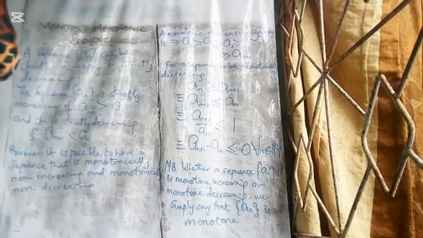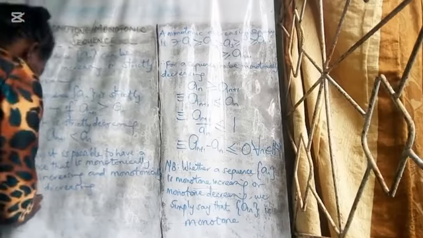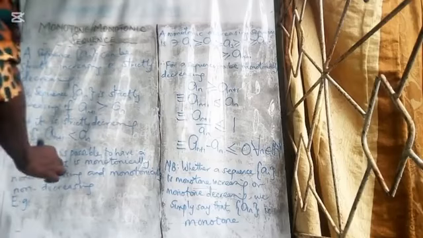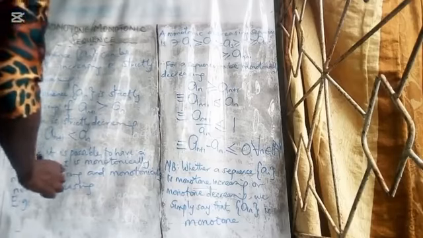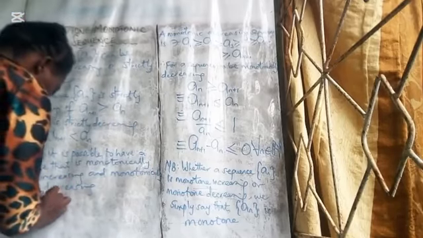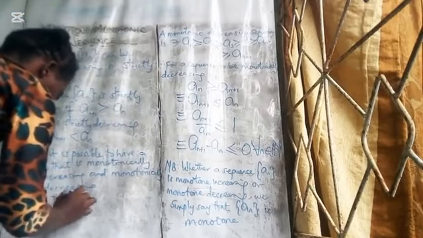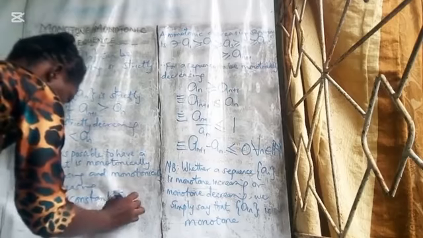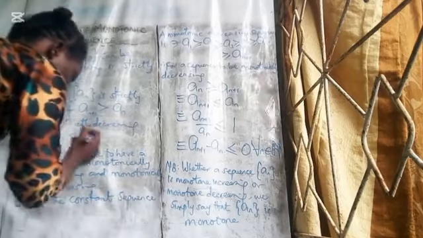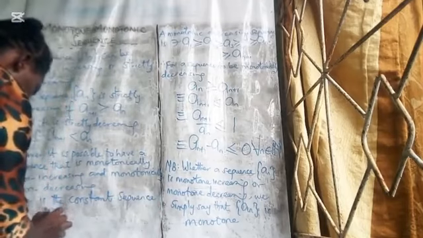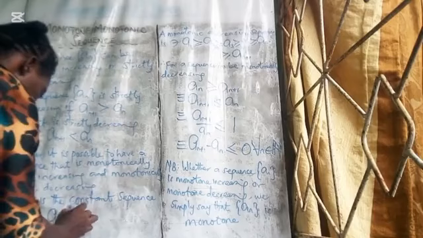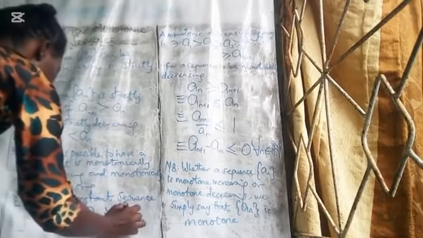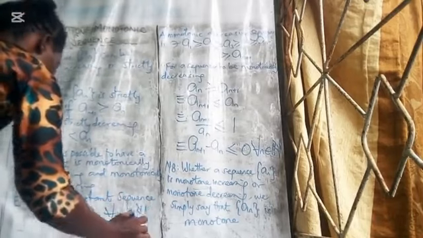An example of such is the constant sequence, where a sub n plus 1 is equal to a sub n for all n in the set of natural numbers.